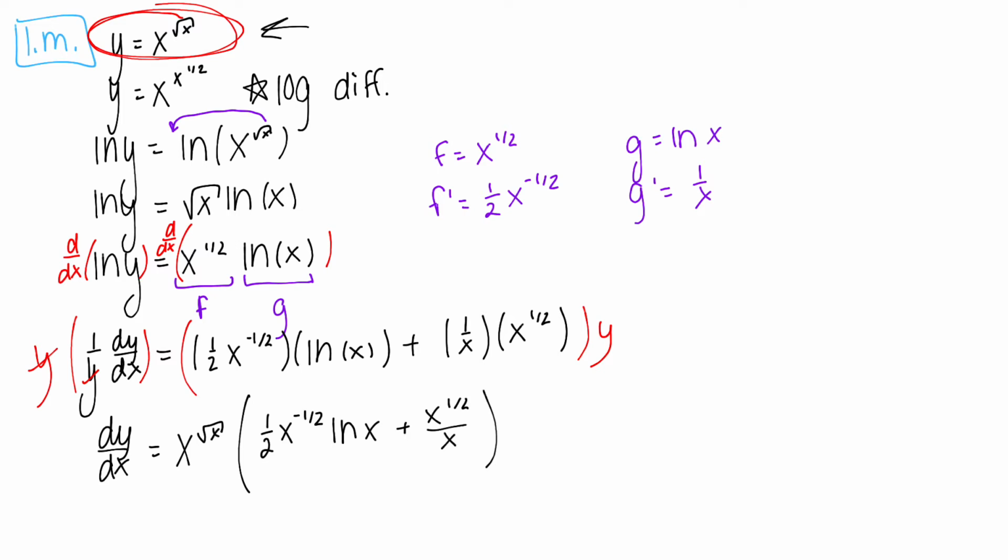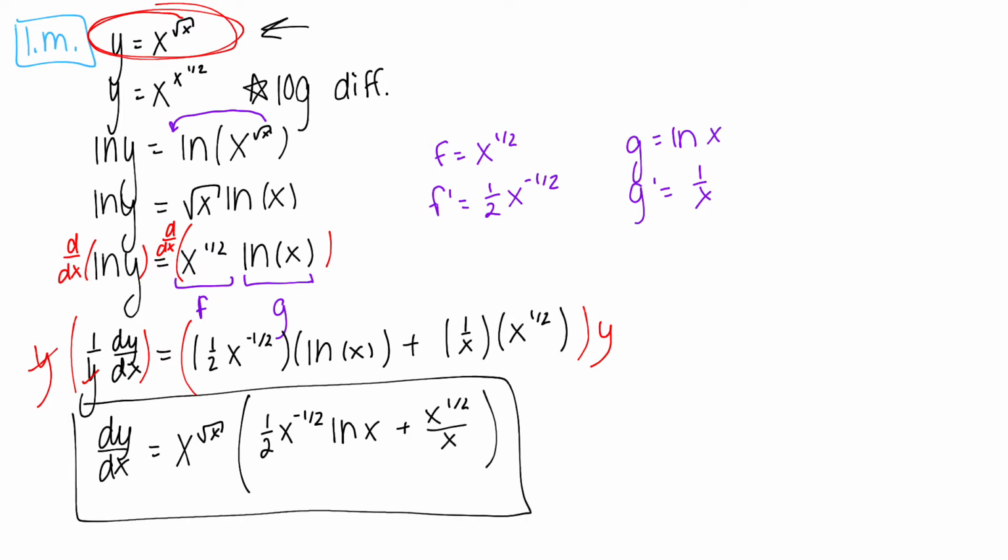That could be simplified, but for the moment I just don't feel like doing it, so I'm just going to leave it like this. If you're wondering how this simplifies, it would become x to the negative 1/2, but I'm not going to do it. We've done enough. So that is logarithmic differentiation on that one. And that's whenever you have an x in the base and an x in the exponent.